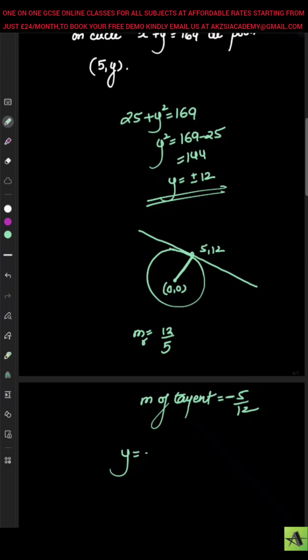y equals negative 5 over 12 x plus c. Now I need to substitute this value of x as 5 and y as 12 so that I can calculate the value of c. So y is 12 and x is 5, and bring it here.